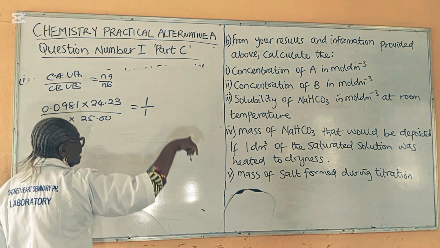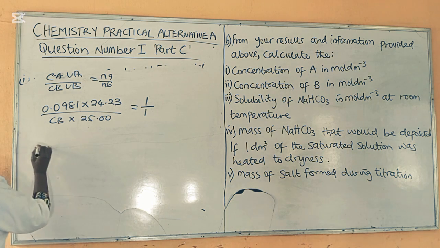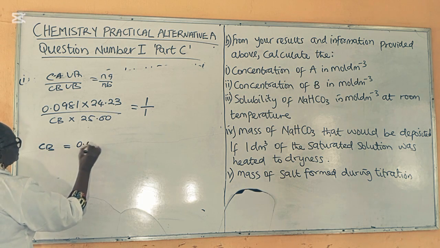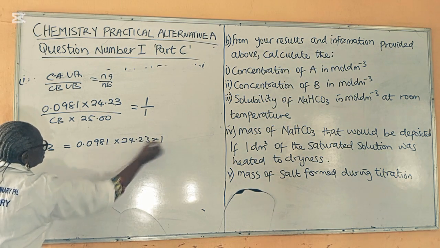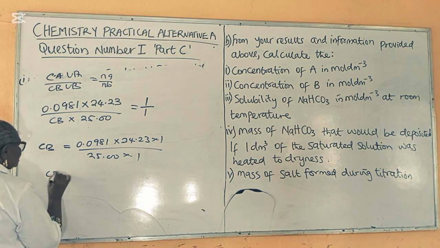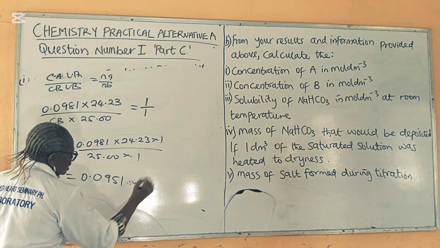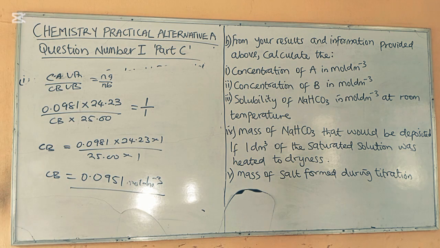For this exam it is 1:1, as long as HCl and sodium hydrogen carbonate are given. So making CB the subject of your formula, it is 0.0981 times 24.23 times 1 all over 25.00 times 1. Therefore, CB is 0.0951 mole per dm³. This is the B used in the titration.